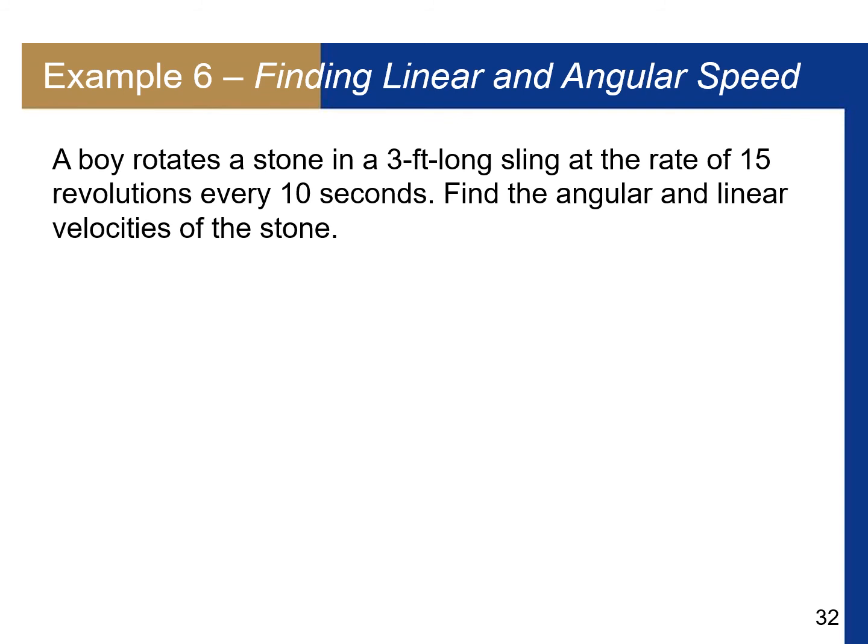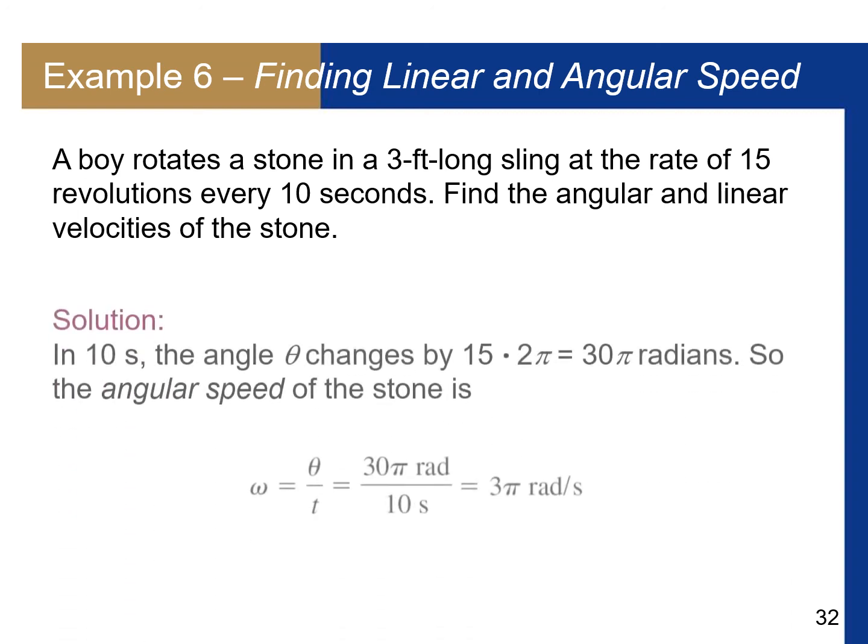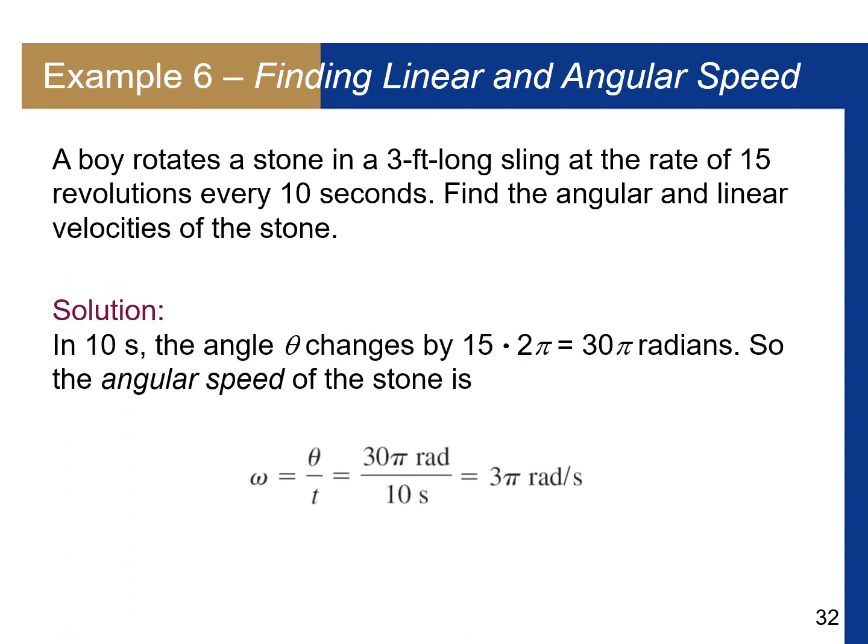So if you have a boy rotating a stone in a 3-foot-long sling at the rate of 15 revolutions every 10 seconds, find the angular and linear velocities of the stone. So in 10 seconds, the angle theta changes by 15 times 2 pi equals 30 pi radians.